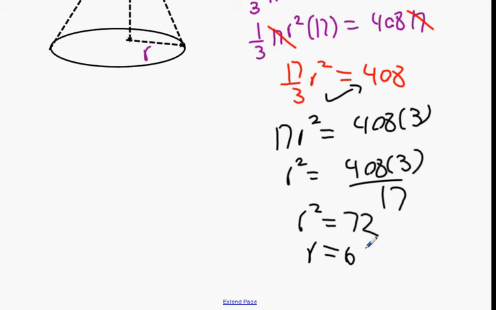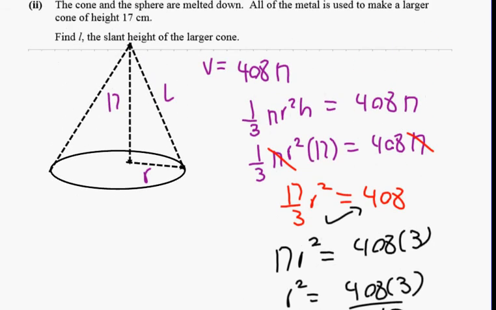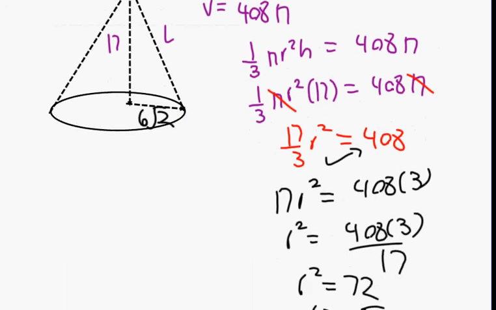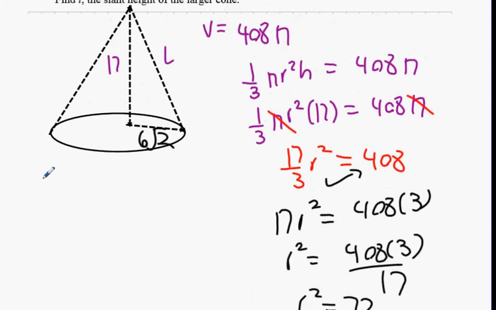Now go back to the start. You now realize that this here is 6 root 2. Was that what you were asked for? The radius? What were you actually asked for? You asked for the slant height. Anybody know how to get slant height using radius and regular height? Pythagoras' theorem. L squared, the slant height, equals the regular height squared plus the radius squared.